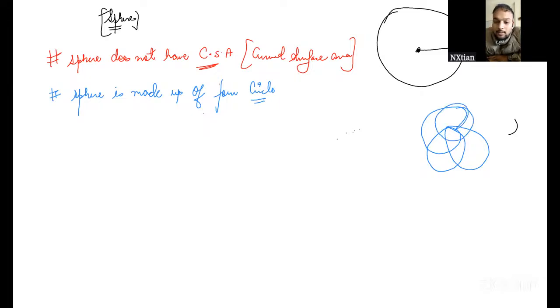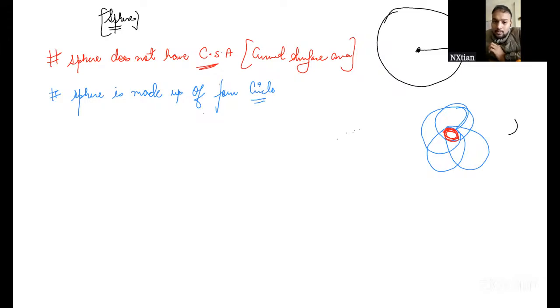Just understand it like this. This part is called a sphere, in which this orange is there, so one circle, one circle, this is a sideways circle, and this is a circle. So basically, four circles made one sphere. Remember this thing: four circles made one sphere.